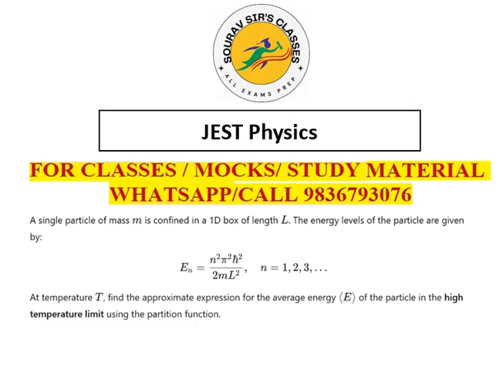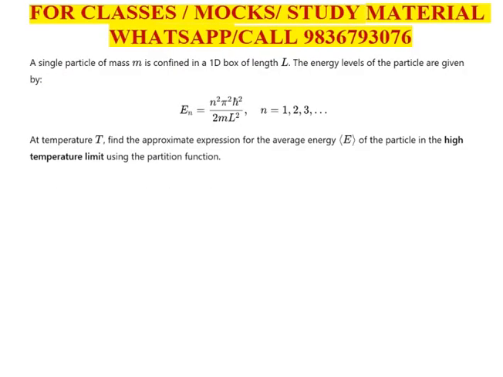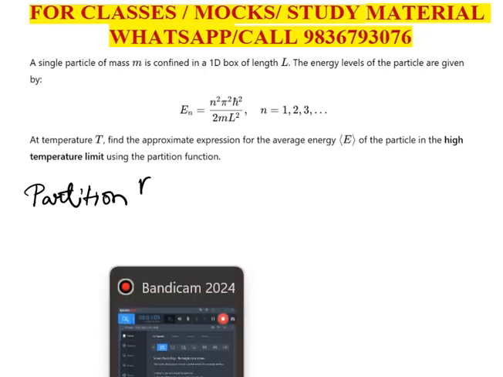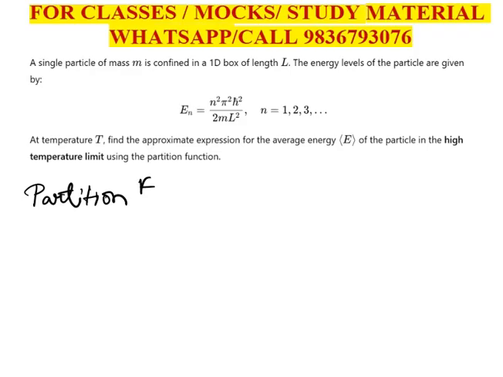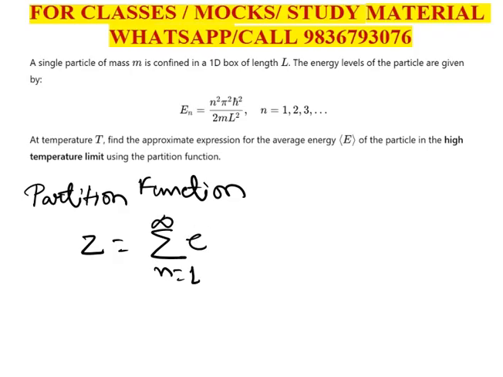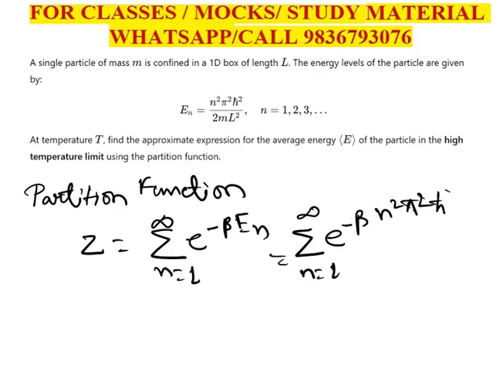Right, so the partition function we can write as Z = sum over n from 1 to infinity of e^(−β E_n). E_n is given, so this is the sum over n from 1 to infinity of e^(−β n² π² ħ² / (2 m L²)).